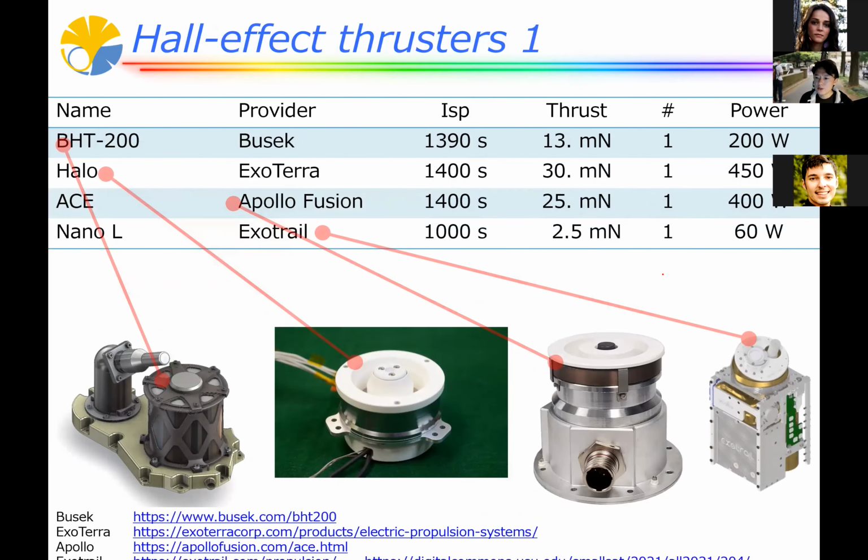Okay, the next example is more electric propulsion, like the Hall effect thruster. I picked up 4 Hall effect thrusters, and 3 of them are quite high power, more than 200 watts. Basically, a Hall effect thruster is not so easy to miniaturize or to decrease the power of.